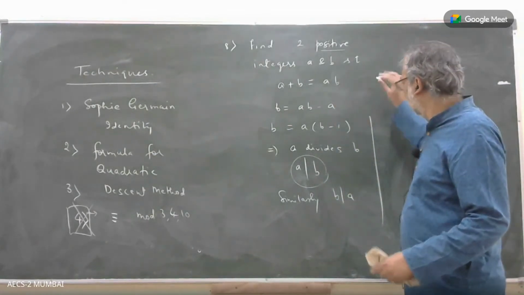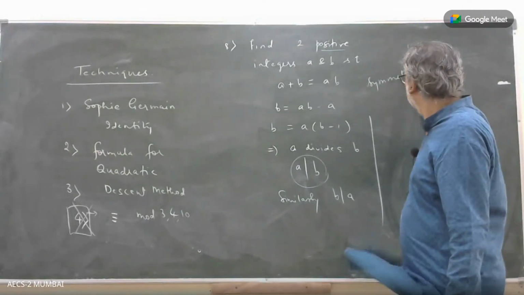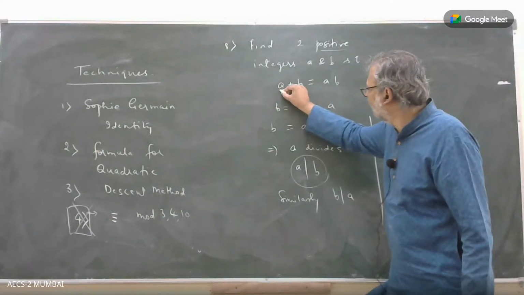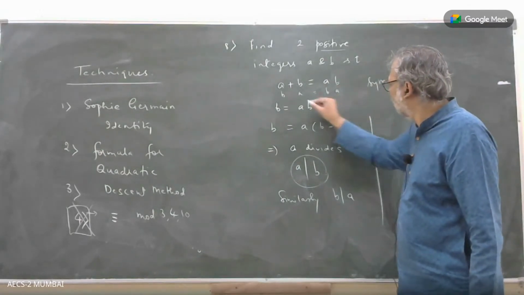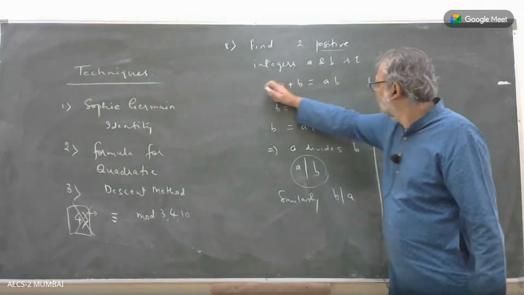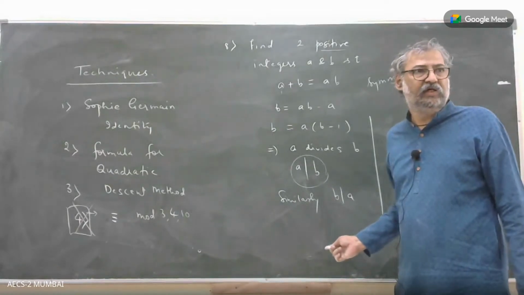This is a standard technique or principle you can use: look at symmetry. If I interchange a and b, replacing this by b and this by a, you see our equation is again the same, right? Which means if I am getting the result a divides b, similarly I am getting b divides a. Is that fine?